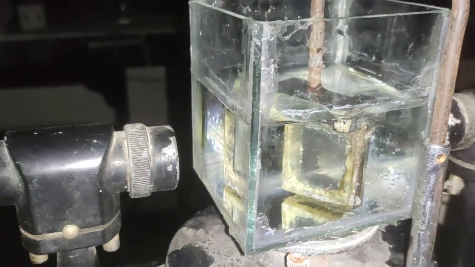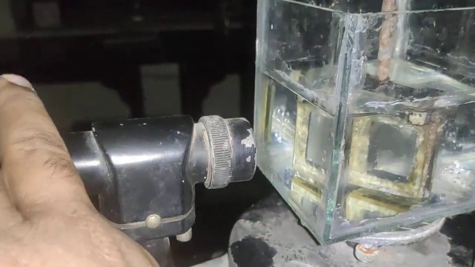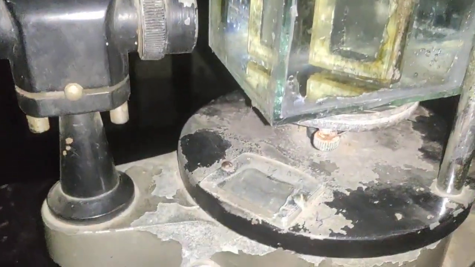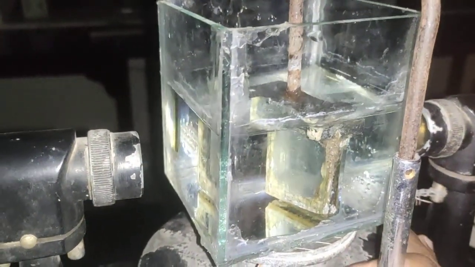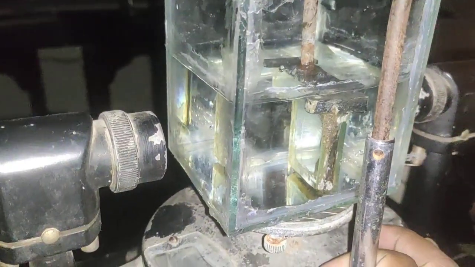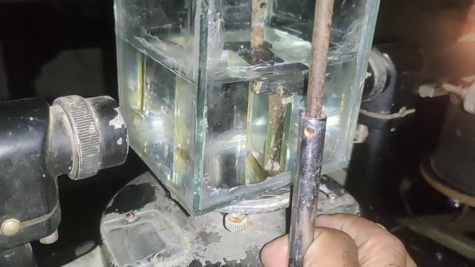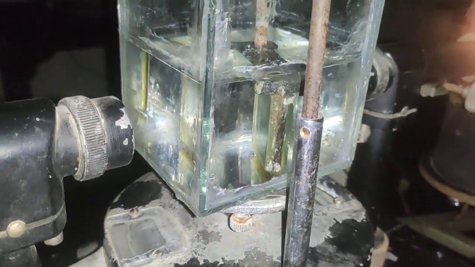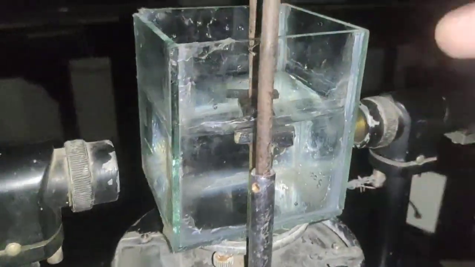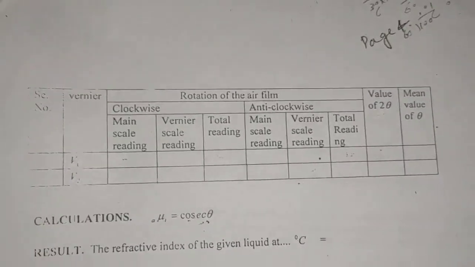Because I am rotating in the anti-clockwise direction, I watch for the moment the light disappears. I note the scales V1 and V2, then come back to the original direct position and rotate the air film in the clockwise direction, and the moment the light disappears, we note the V1 and V2 scales.